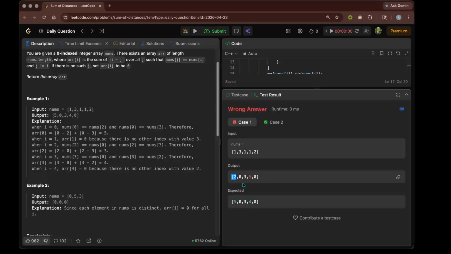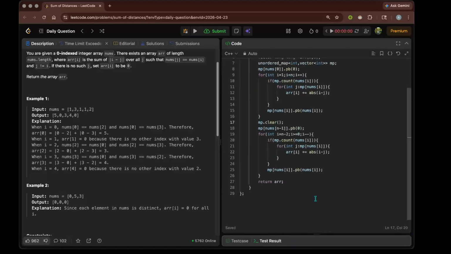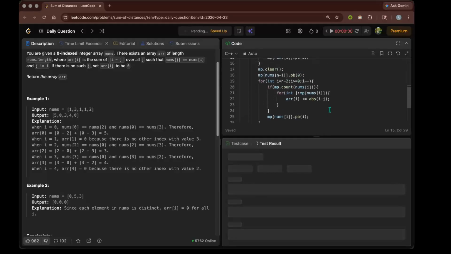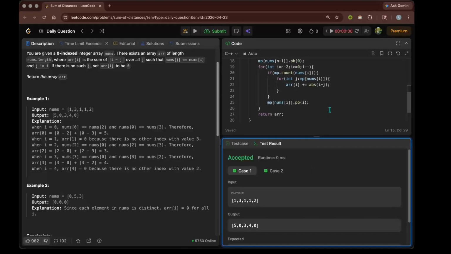nums of i. That's why I told you, I'm a bit ill. Wait. Why did I push this 0?